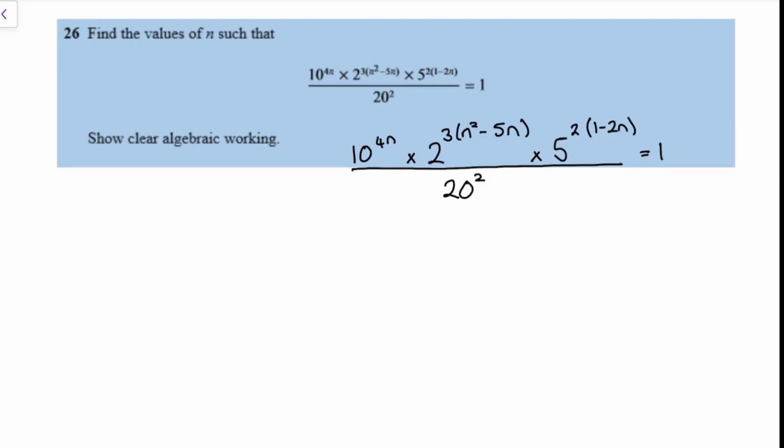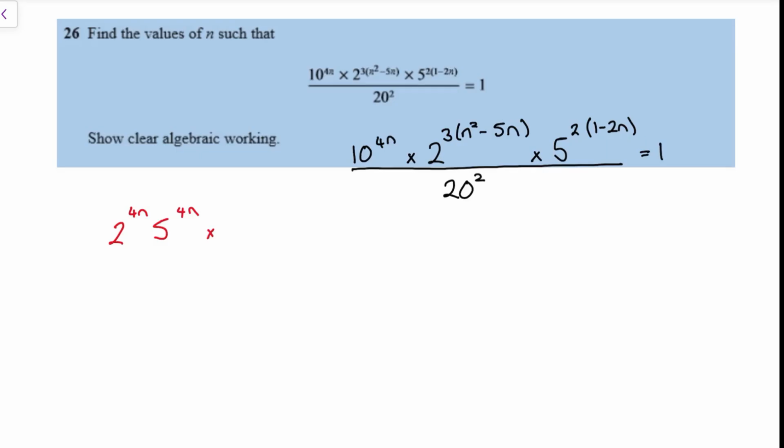I will say this every now and then when I do these harder questions: quite often you're just doing something and frankly crossing your fingers and hoping it's going to work. And that's a bit of what's going to happen here. So let's just switch these over. 10 is the same as 2 times 5, so it's going to be 2 to the power of 4n times 5 to the 4n. I've expanded the brackets in one go.